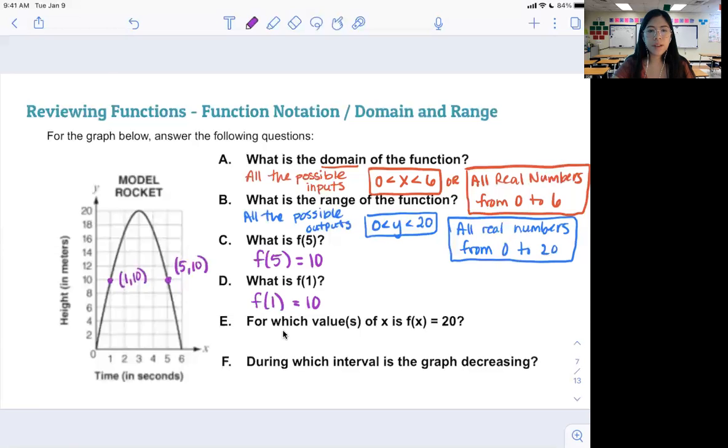Okay. Now, on the other hand, this is asking for which values of x is f of x equal to 20. So is 20 my input value or is 20 my output value? Would that be the input or would that be the output?